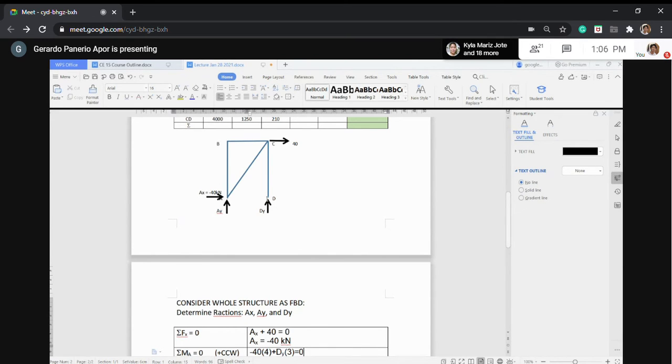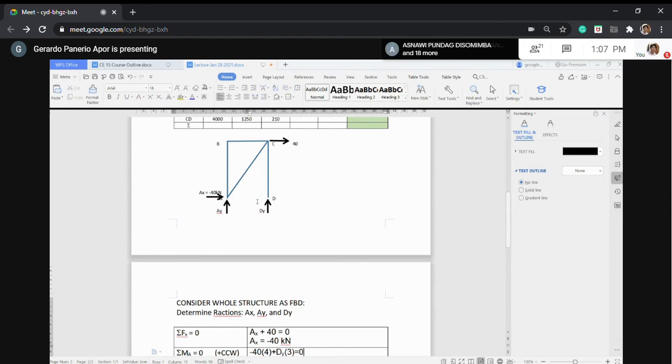If you isolate the free body diagram of joint D and there is a horizontal reaction, the horizontal forces would not be in equilibrium. So in order that there will be equilibrium on joint D, DX should be 0.